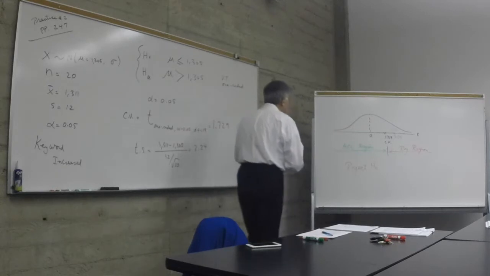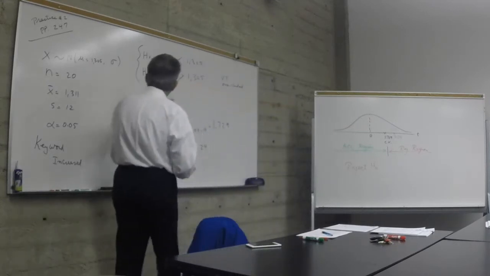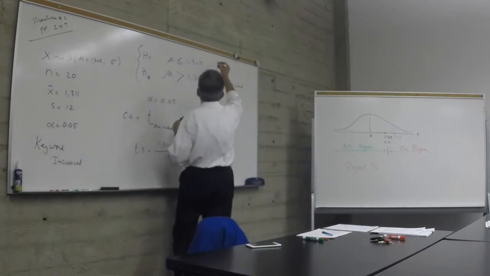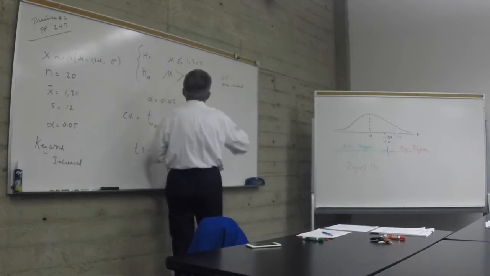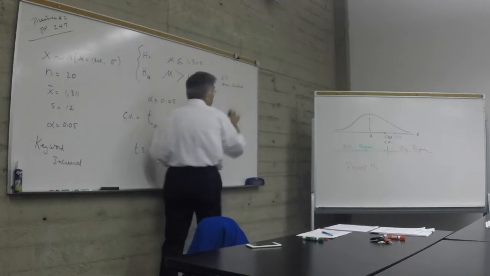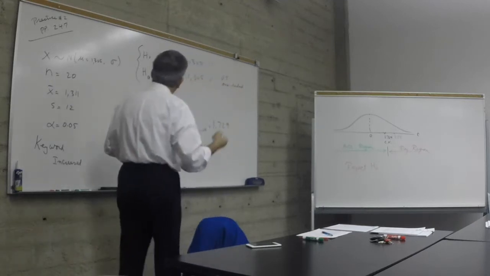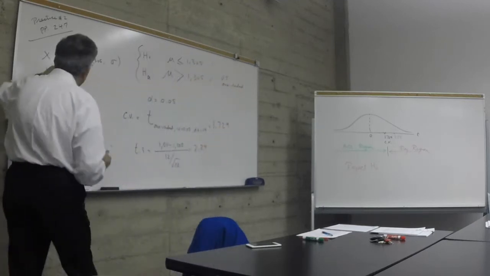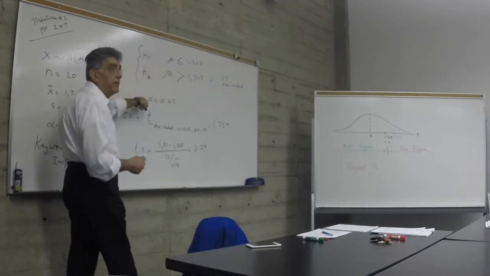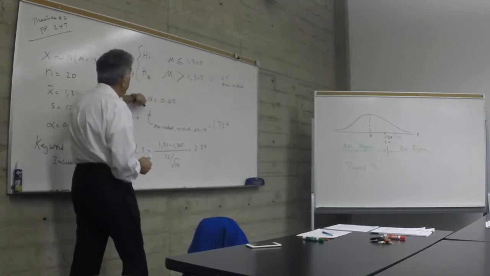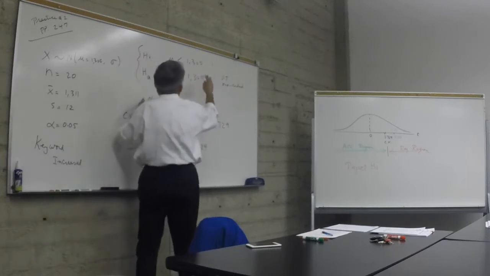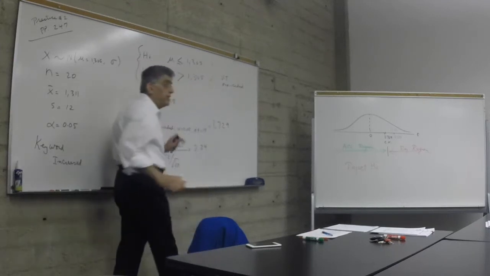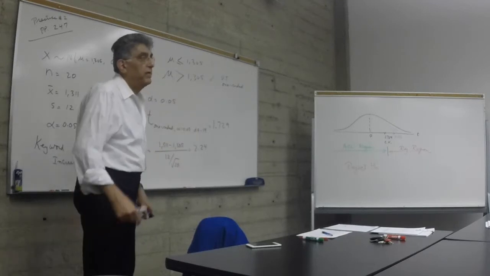So that's a statistical term. Rejecting the null hypothesis means that we are rejecting this and we are maintaining this one. We're maintaining the alternative hypothesis. So the conclusion is that we are 95% confident that the modification of the battery increased its life expectancy beyond 1305.